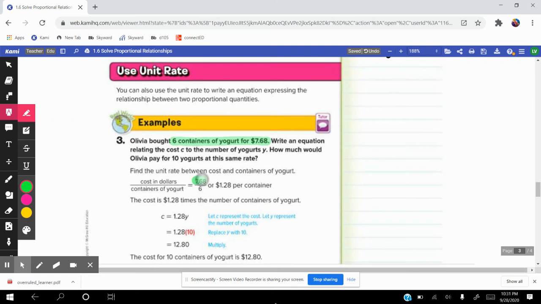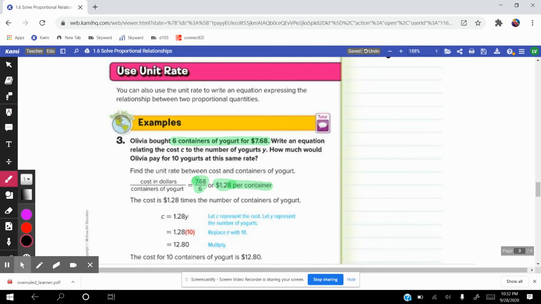When we simplify that, it becomes $1.28 per container. So that's the unit cost. The cost is $1.28 times the number of containers of yogurt. So the cost equals $1.28 times Y, because Y represents the number of yogurts.